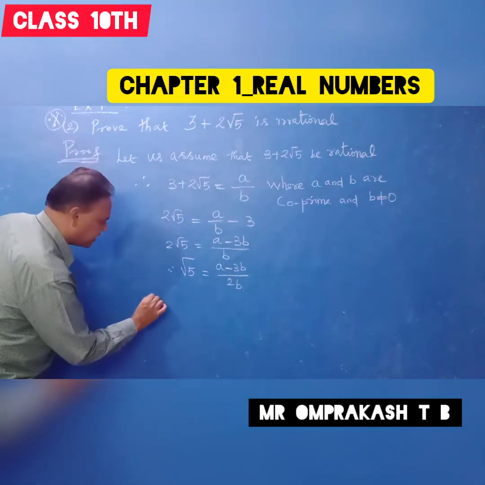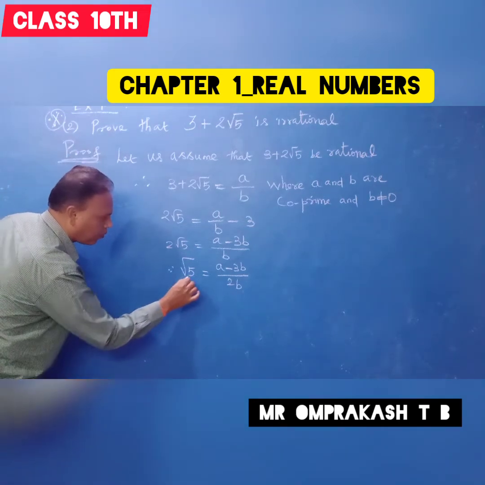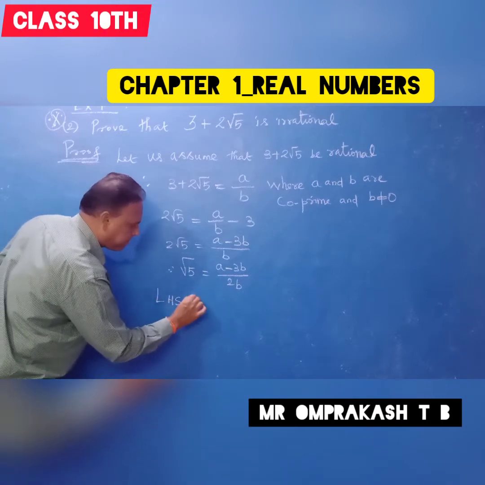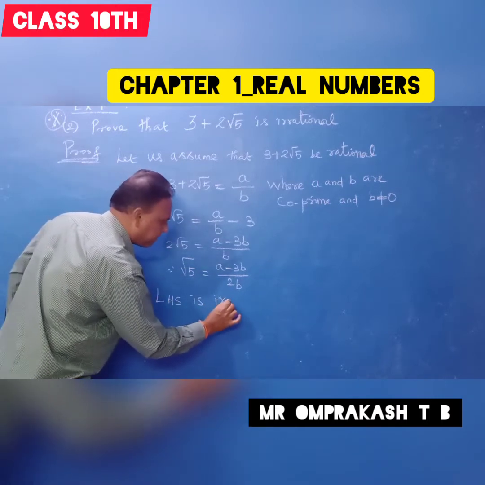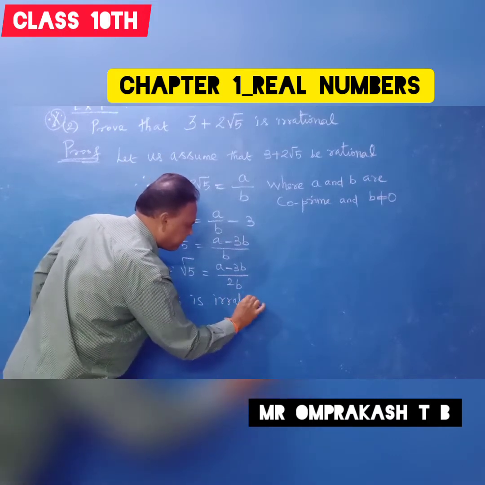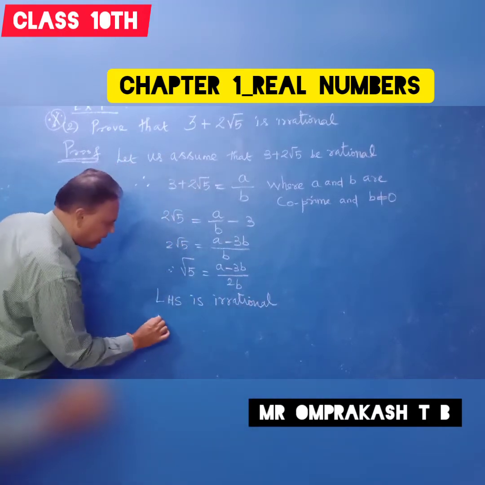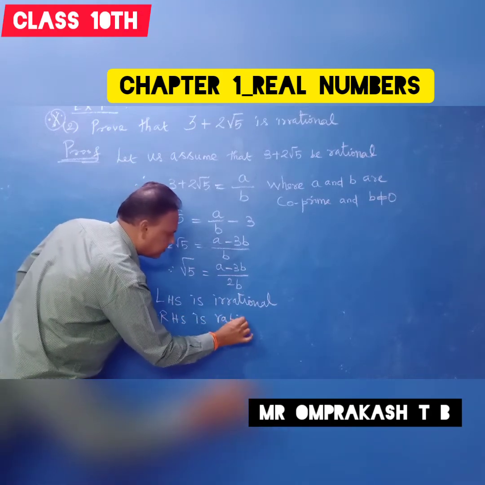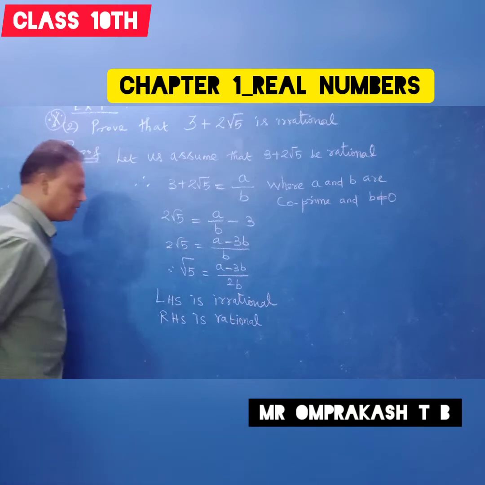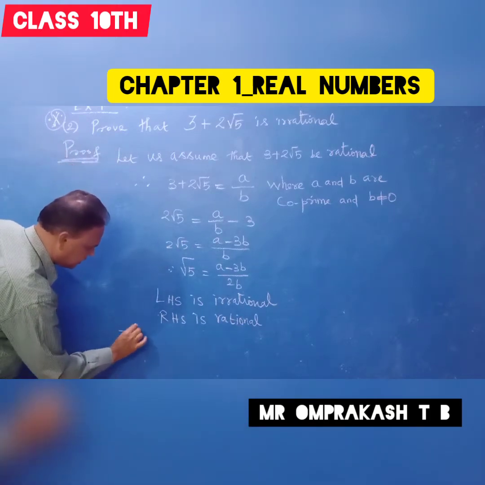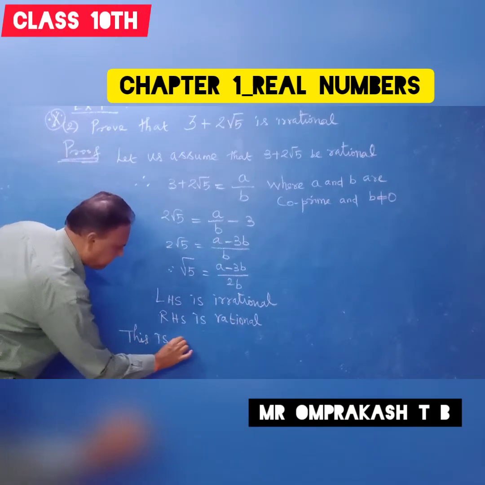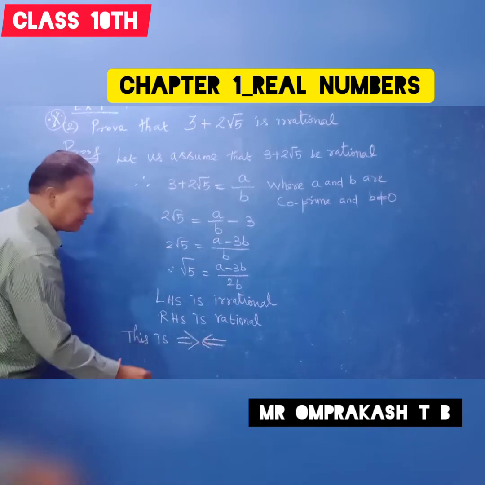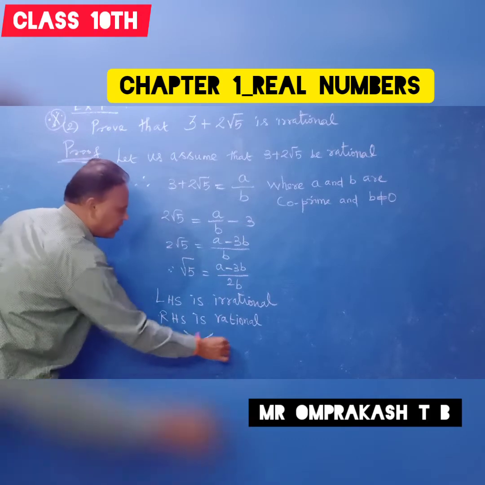Clear? So left hand side is irrational and the right hand side is rational. Therefore, this is a contradiction. You can write it simply, or you can write it fully.